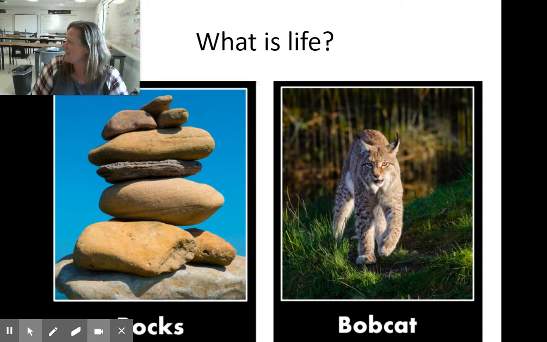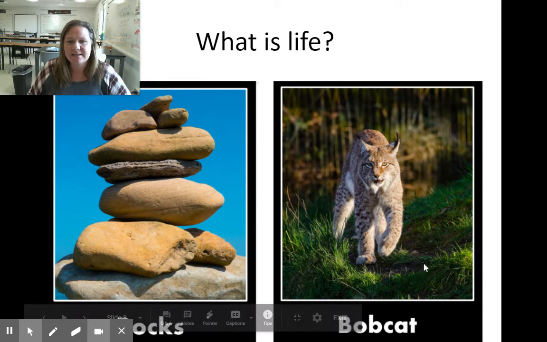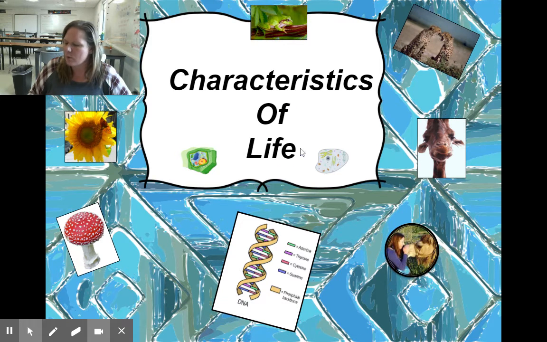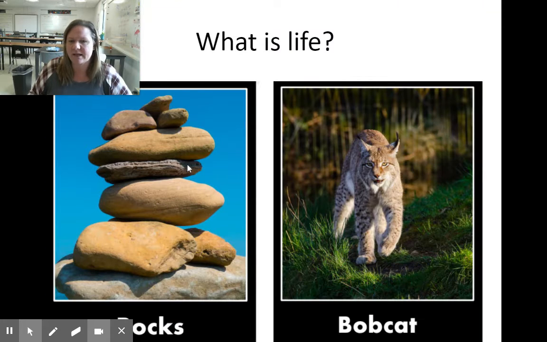All right. Scientists have been looking into this for a long time. And the answer that scientists have come up with is that everything that's alive meets what we call the 7 characteristics of life. What a lot of kids will say is that, well, the bobcat can move and the rocks can't. Well, it turns out not all living things can move.